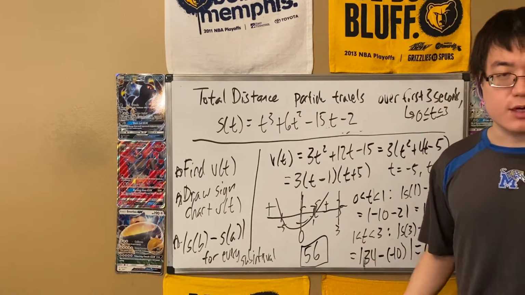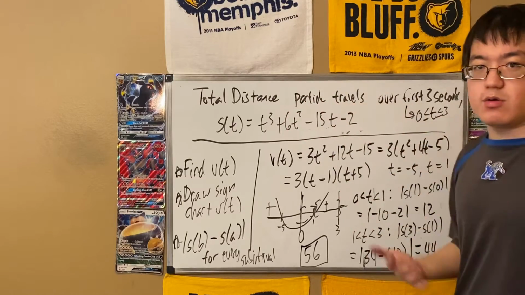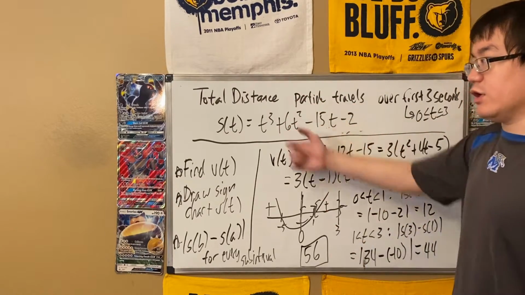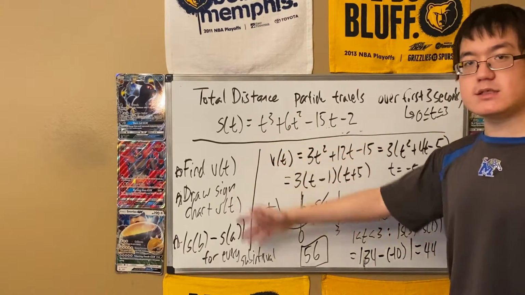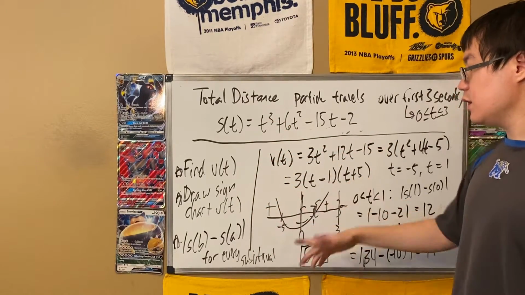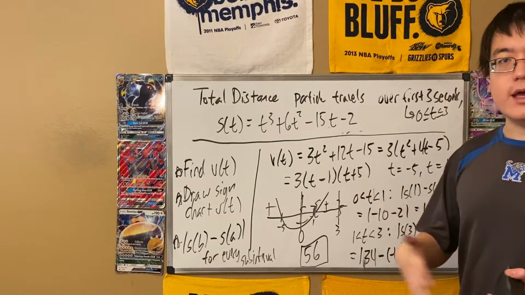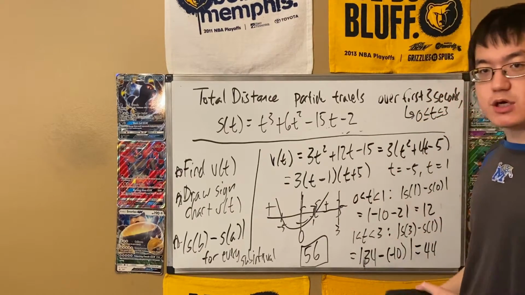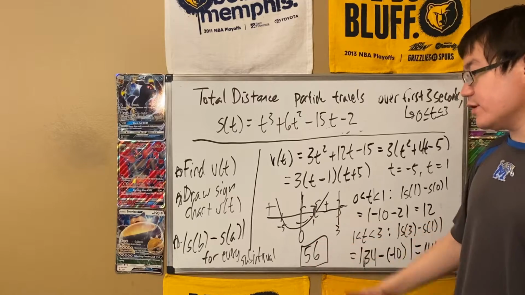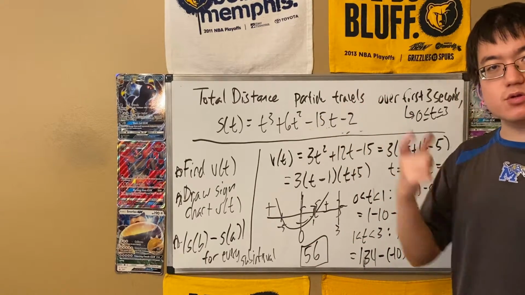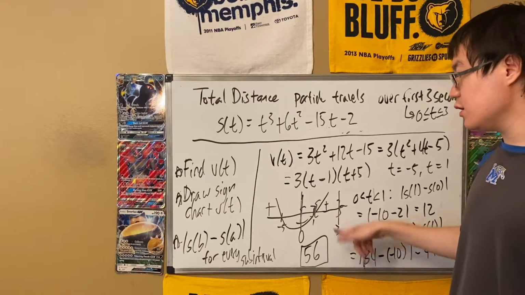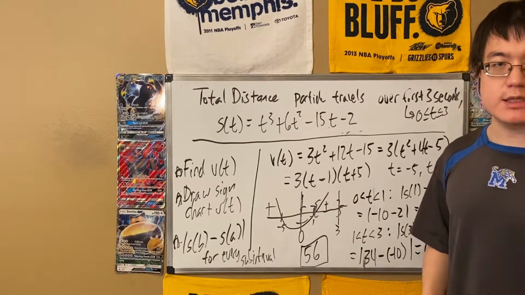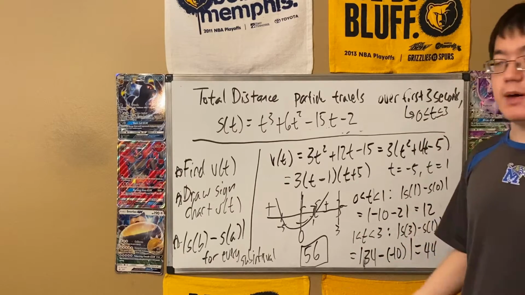So this is the second question, total distance. It is quite annoying if you have paper and pencil and are given position. So again, what are the steps? What you do is you find velocity, you draw a sign chart of velocity, then you add the interval that you're dealing with onto the sign chart of velocity to cut it off. And in this case, we have two consecutive subintervals, one from 0 to 1 and one from 1 to 3, based off the sign chart of velocity and the interval that you care about.